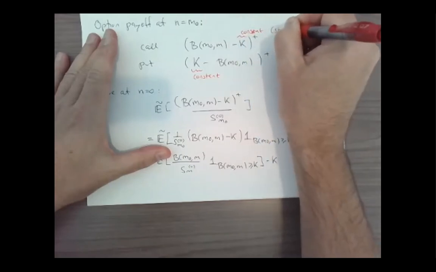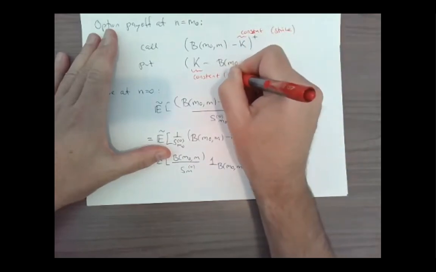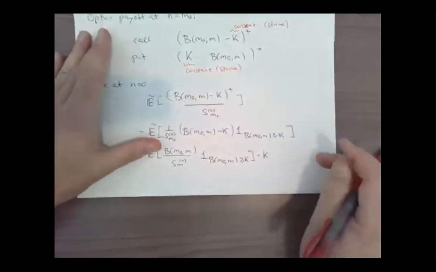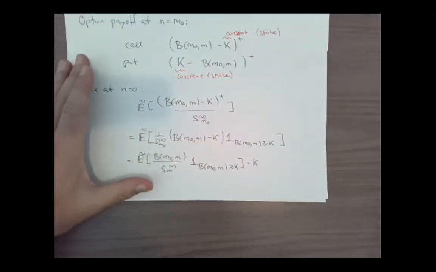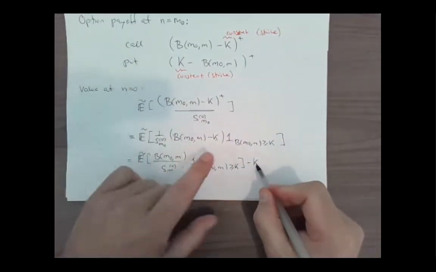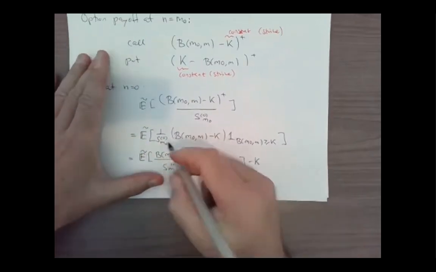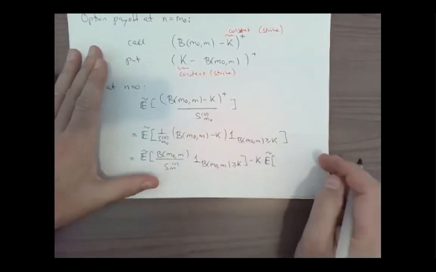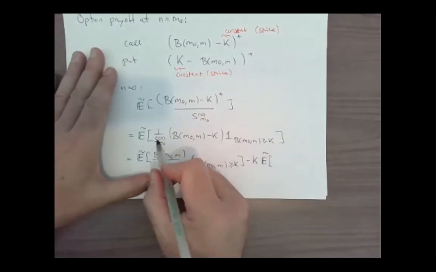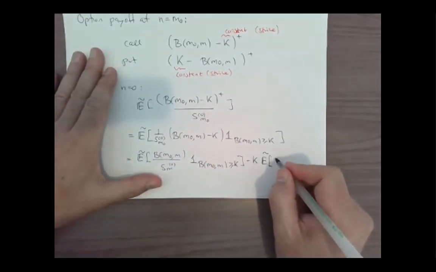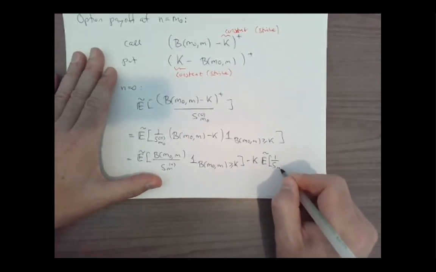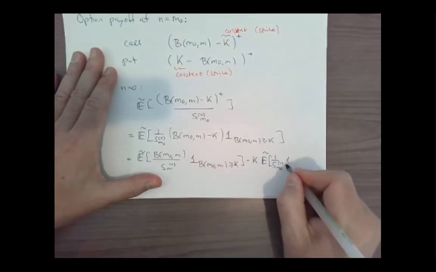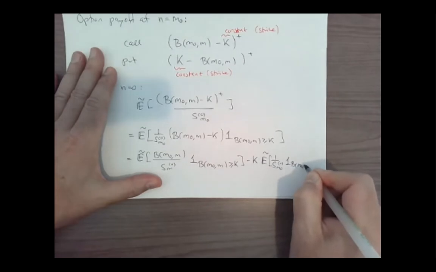Right, this is the strike. I have my K. What else is left? The expectation under the risk neutral measure of 1 over SM00, indicator for being in the money.